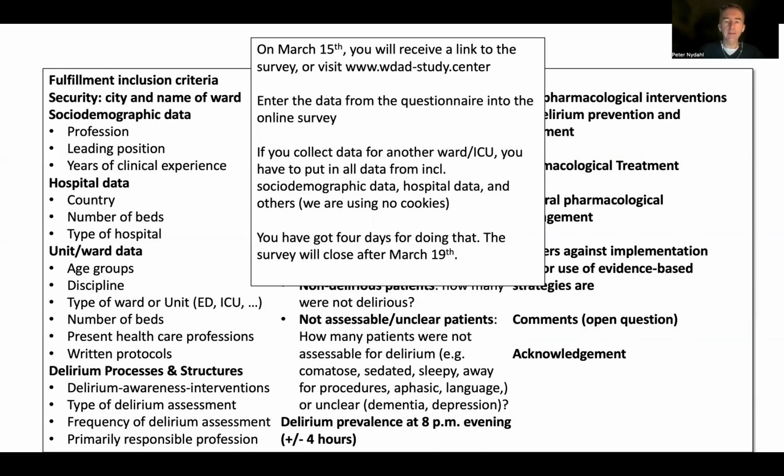And if you collect data for another ward or ICU, you have to put in all data from socio-demographic data, hospital data, and others again, because we're not using any cookies. You've got 4 days for doing that. The survey will close after March 19th. Then we cannot take any new data.